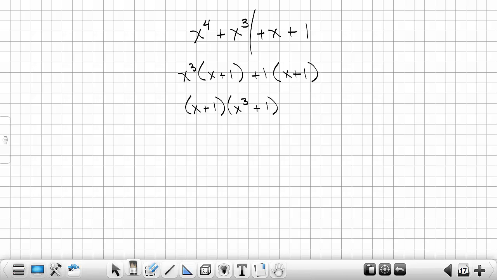No. Why not? That's the sum of two cubes. Good job. Sum of two cubes. So this factors into x plus 1 times x squared minus x plus 1.